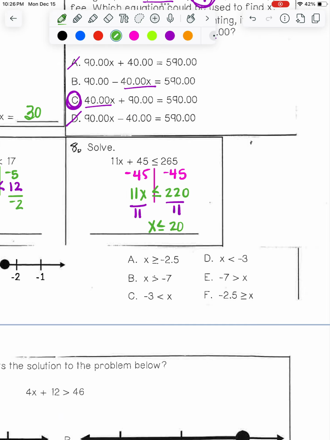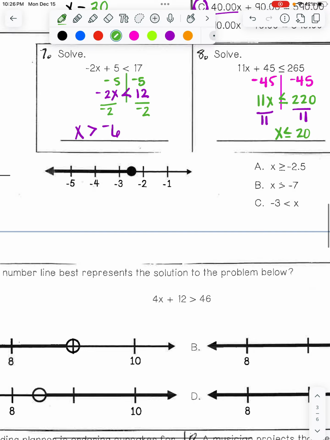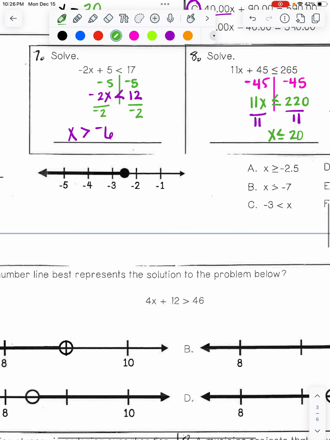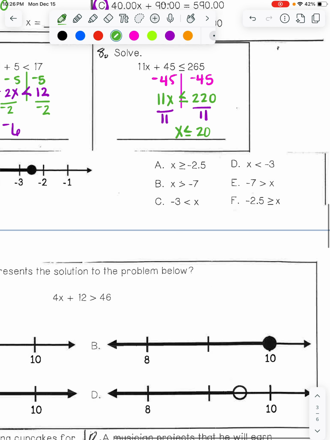Number 9. What you're trying to do, and I'm sorry that I had to do this weird, I was trying to fit everything on one piece of paper, is match the number line with the correct inequality. So I can see here that, first of all, it is a closed circle. That's really important.